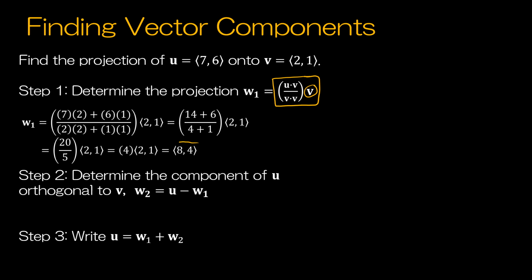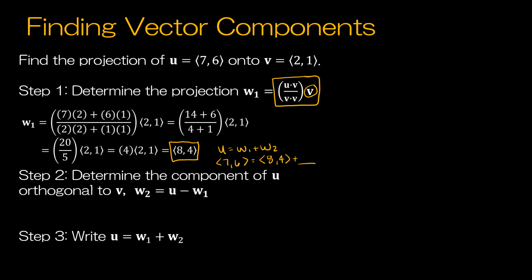So 8, 4 is the first part of my equation. So remember when we said we were going to rewrite u as W1 plus W2. So now I say u, which is 7, 6, is going to be 8, 4 plus whatever I find for W2.